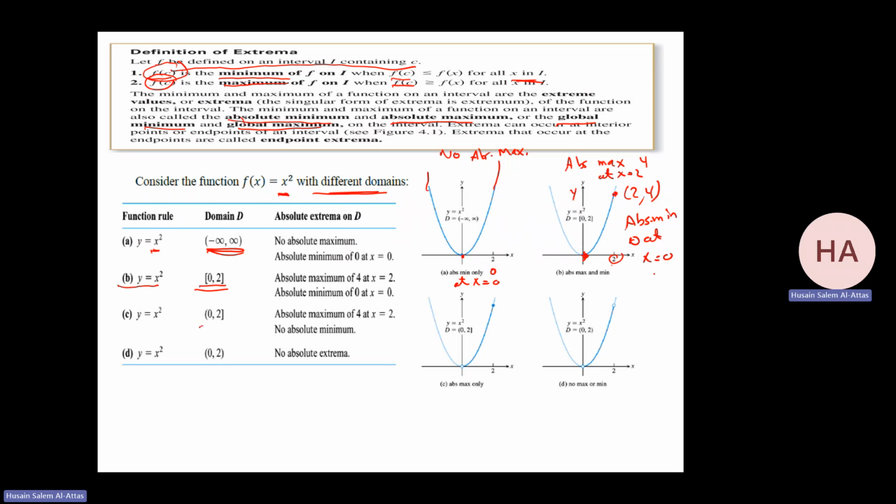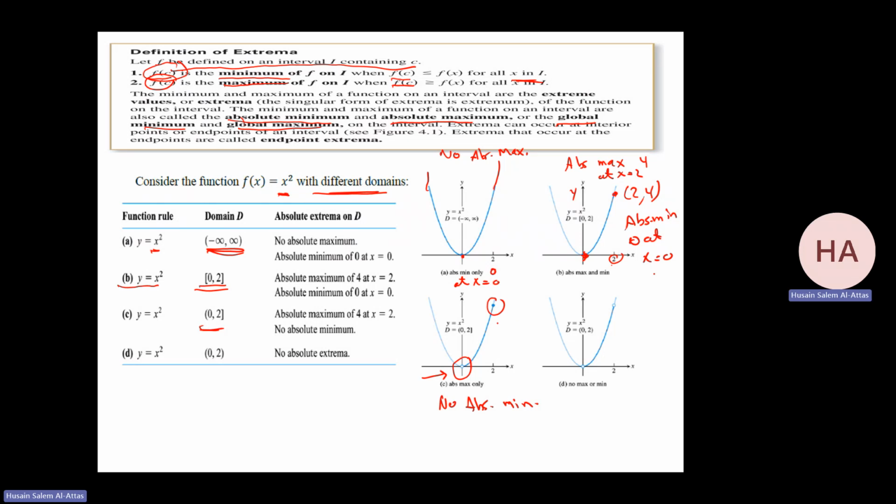Now, the third case, I have it open at 0, but closed at 2. So this is open. Do we have an absolute minimum here? No, no absolute minimum. We cannot say a value which is defined in the function where this value is the smallest one, because this is an open interval.